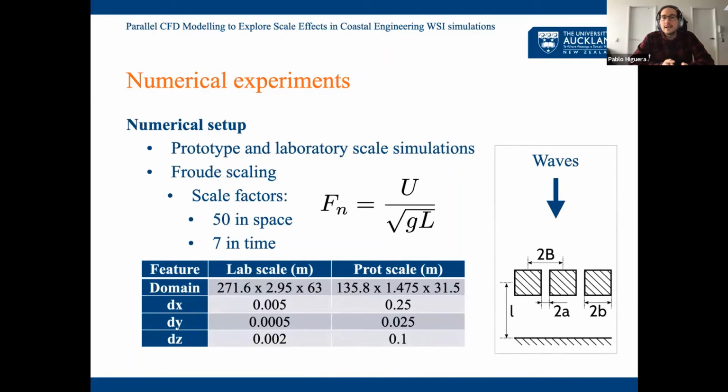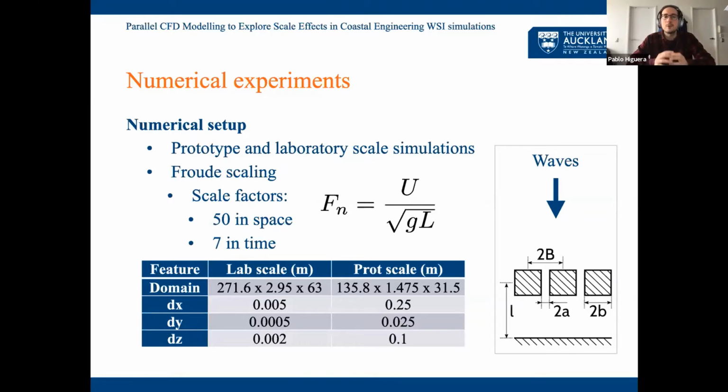And then we decided to scale things up. And since we were running like 1/50 scale experiments, we decided to blow everything 50 times in space. And usually when we're dealing with hydraulic simulations, we apply Froude scaling. Froude scaling basically ensures that the inertial and gravitational forces are balancedly scaled up and down.